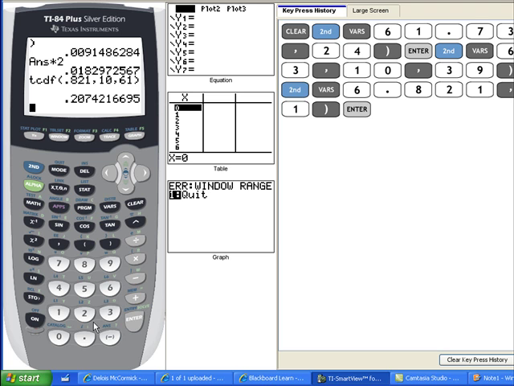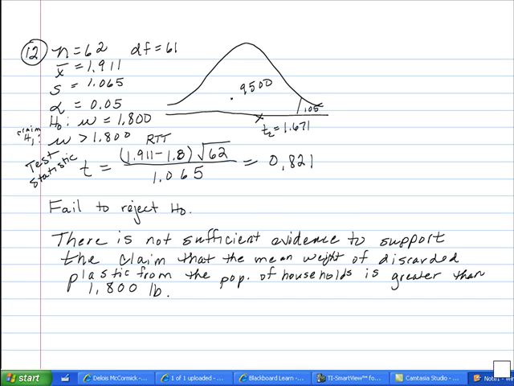Now another way to get the p-value is to do the entire hypothesis test on the calculator, and I'm going to clear off. Let me clear here as well. So if you're going to do the whole hypothesis test on the calculator, we want to go over to tests, and we want the t-test, which is number 2. We're going to put in stats, so we're going to select that.